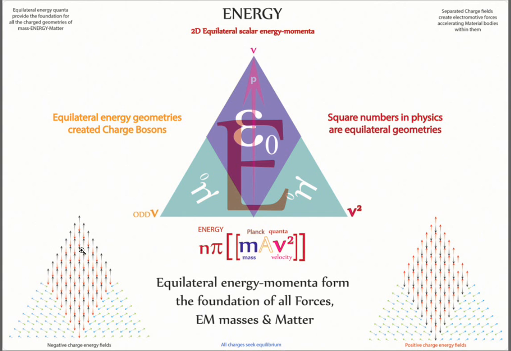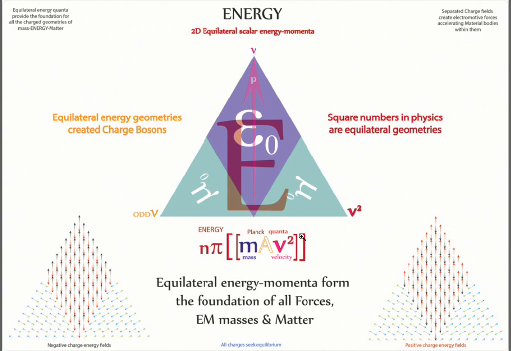And as we look closely at the energy momenta side of things, or the linear measurements, square root measurements of the scalar fields, we can see the force vectors for the electric and the magnetic fields pop out of Tetronic geometries, and we can relate the number of quanta, or the net scalar energy momenta in the field, to both the linear momentum of the field, or the force that it can exert, and the charge of the field, its equilateral geometry.